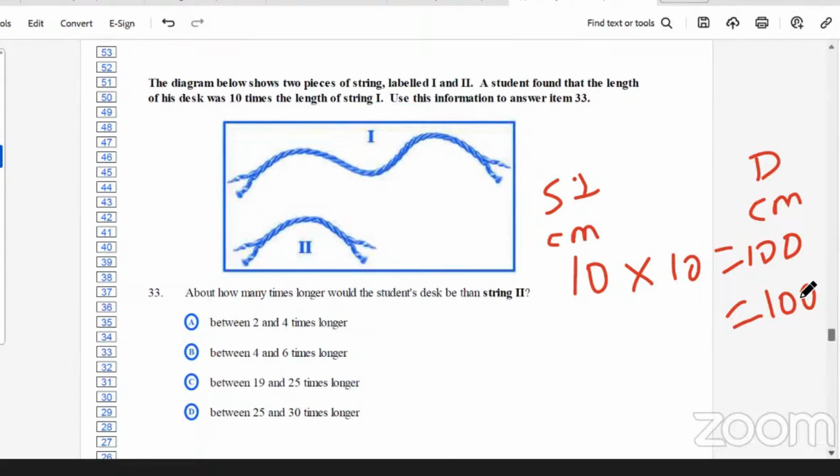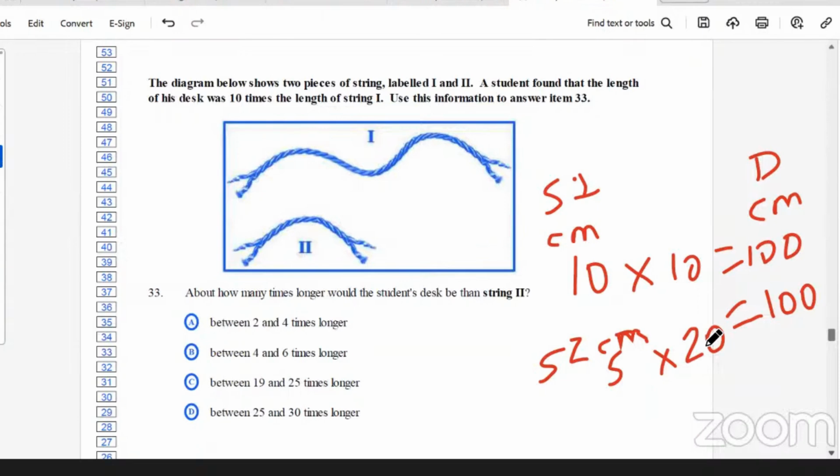So I would say string 2 was about 5 centimeters. So by how much would I need to multiply this 5 centimeters, which is pretty much half the length of the first one, to get to that same 100 centimeters for the desk? And so 5 times what gives you 100, that would have been 20. So pretty much double what it would have taken.